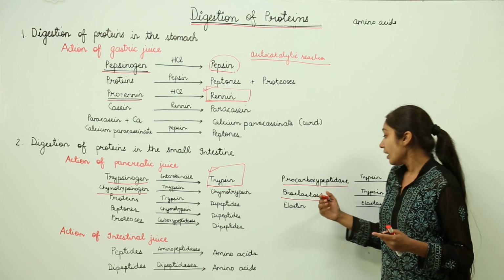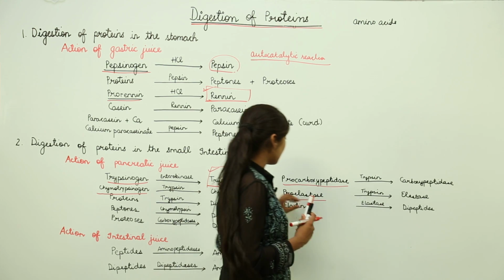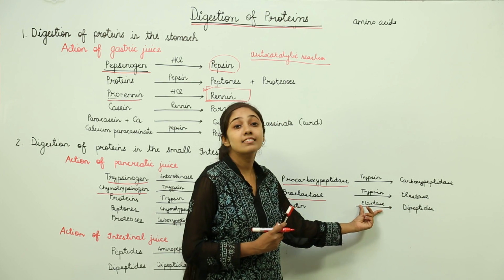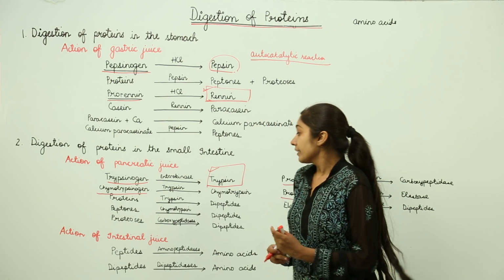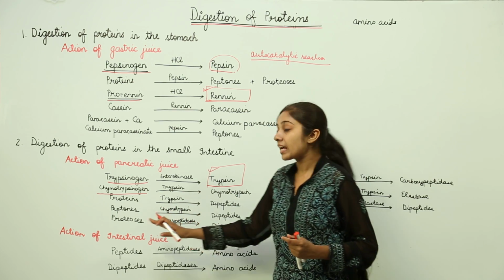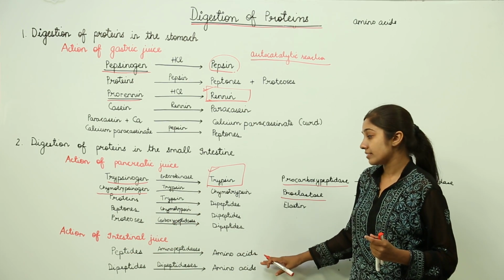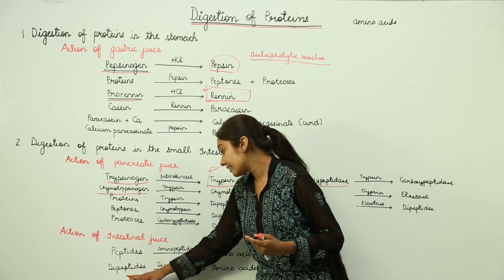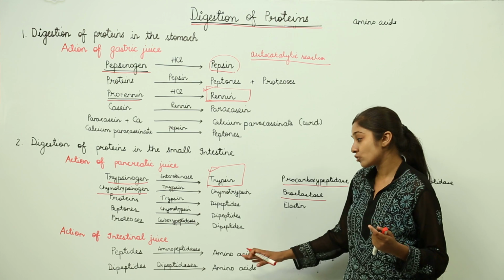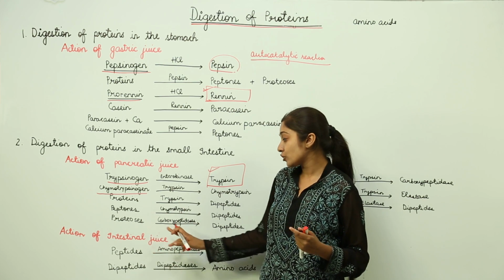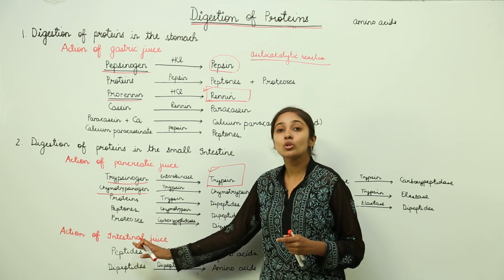Then here we have elastin. Elastin is converted into dipeptides in the presence of the enzyme elastase. Then let us talk about the action of the intestinal juice. Peptides are converted into amino acids in the presence of aminopeptidases, and dipeptides are converted into amino acids in the presence of dipeptidases. So this is how the intestinal juice also helps in the digestion of the proteins.